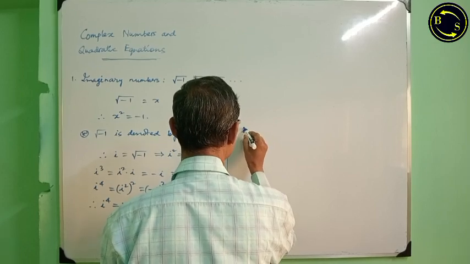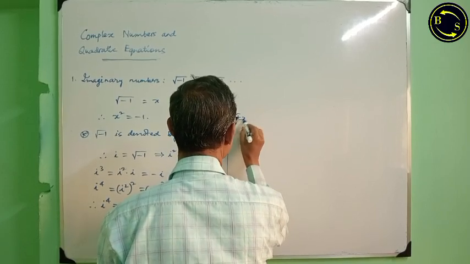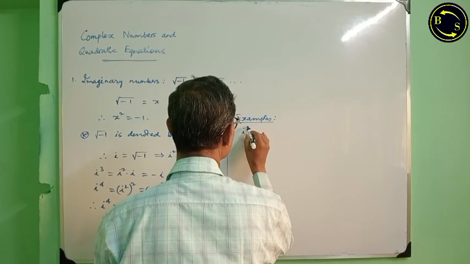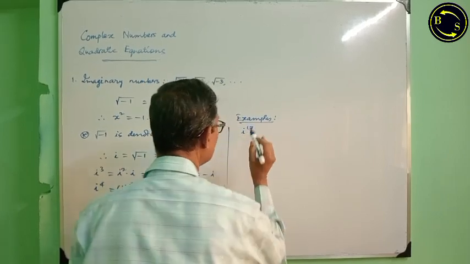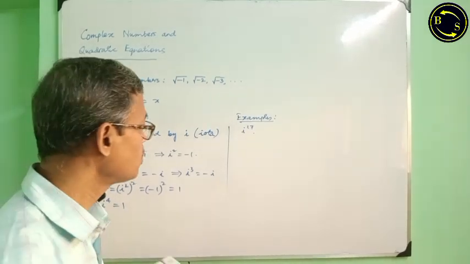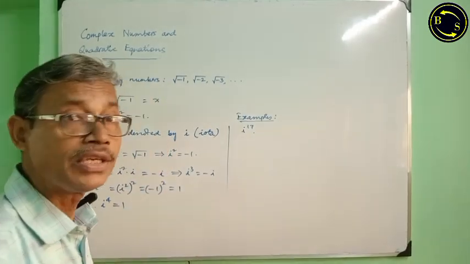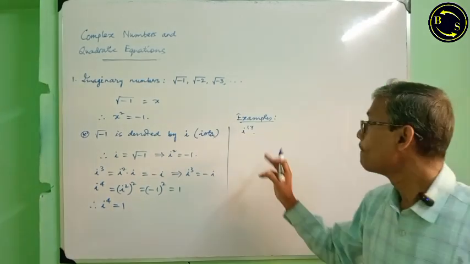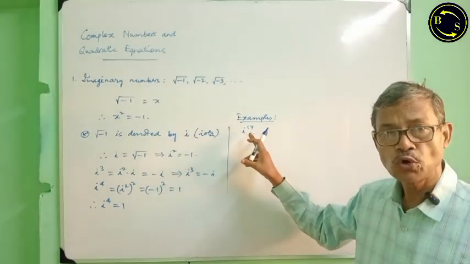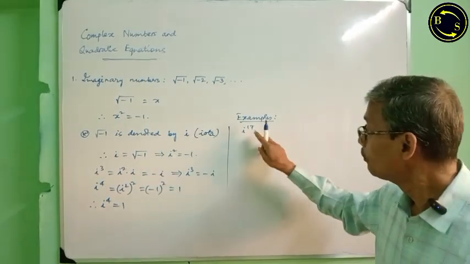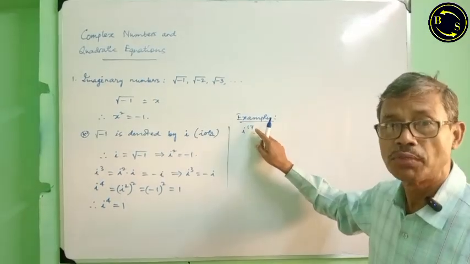i to the power 70. How to evaluate i to the power 17? Since the power is 17, that can be expressed as a multiple of 4 plus 1, that is 4 into 4 plus 1.